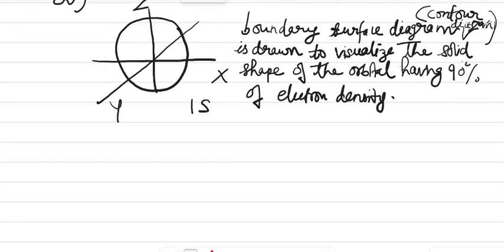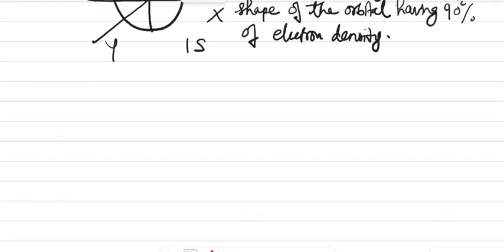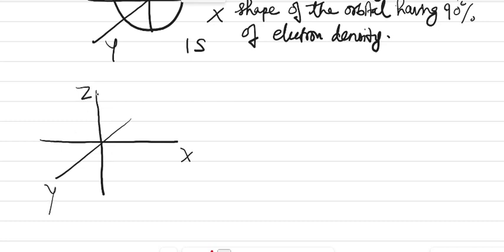Now inside a particular orbital, the sign of the wave function may change, and this can be represented by the presence of a node. In the case of s orbitals, 1s, 2s or 3s, there is no node present. But in the case of p orbitals, we have nodes. So we can show the px, py and pz orbitals along the x, y and z axes.